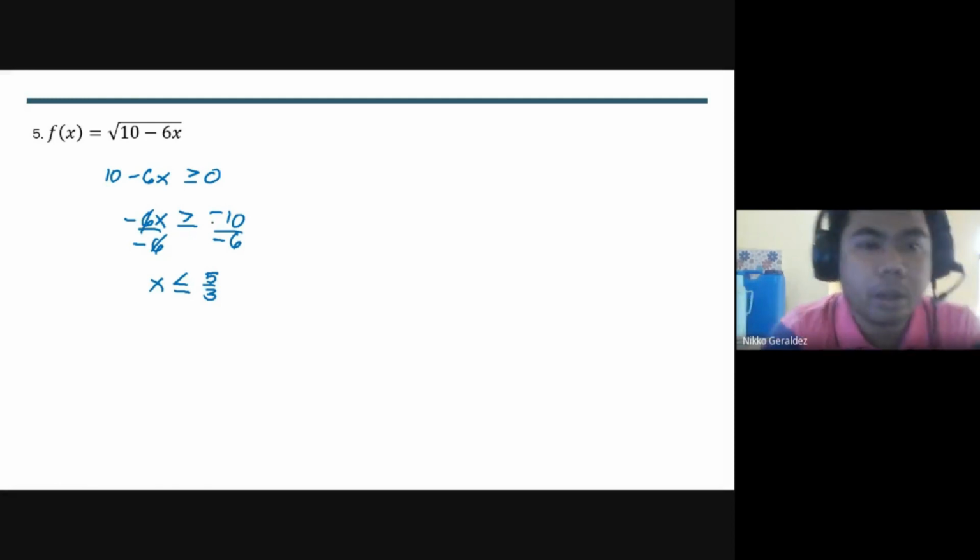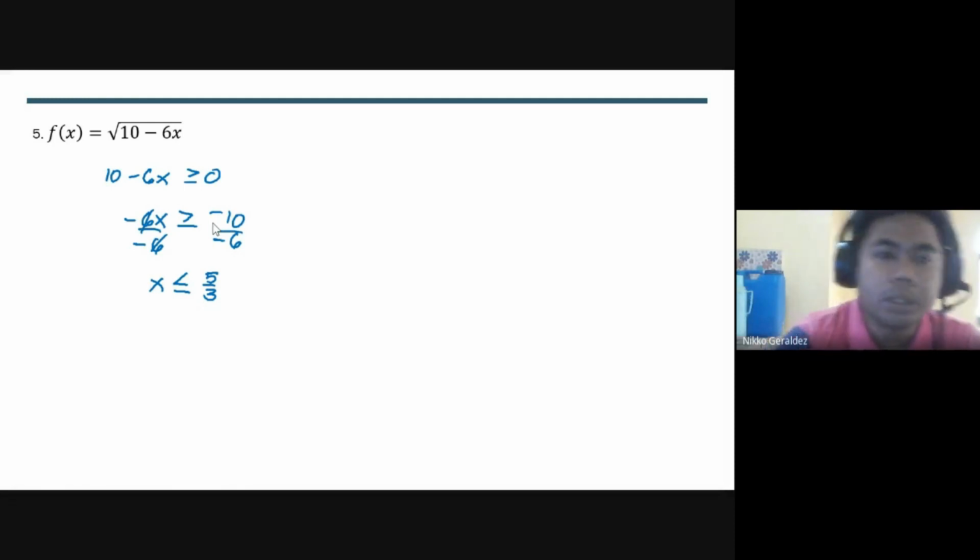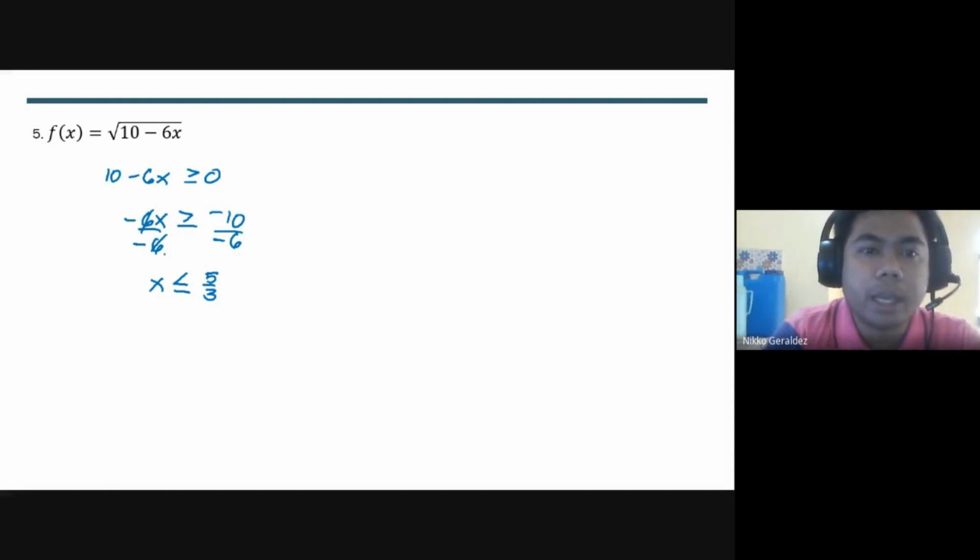So, tandaan po yun. Sa inequalities, kung magdi-divide tayo or mag-multiply by negative numbers, magre-reverse yung direction ng sign. So, sa example natin, from greater than or equal, magiging less than or equal na siya. So x is less than or equal to 5 over 3.